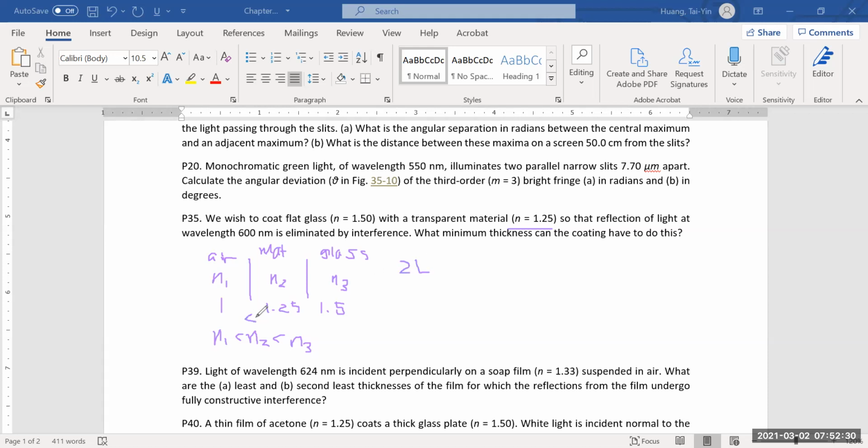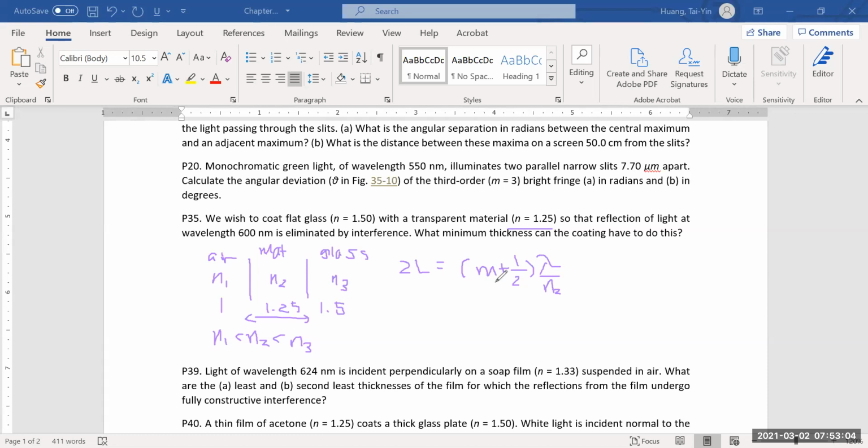So 2 times the thickness L of the material must be equal to (m plus 1/2) times the wavelength of light in our material, which is lambda over n2. The thickness of the coating is proportional to m plus 1/2, so for L to be the smallest, m has to be the smallest as well.